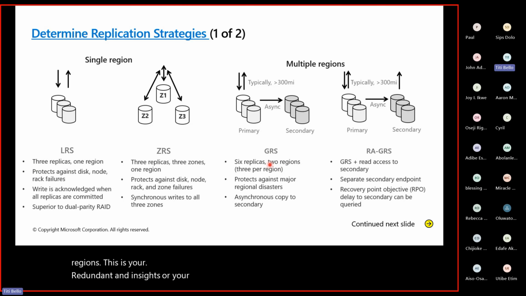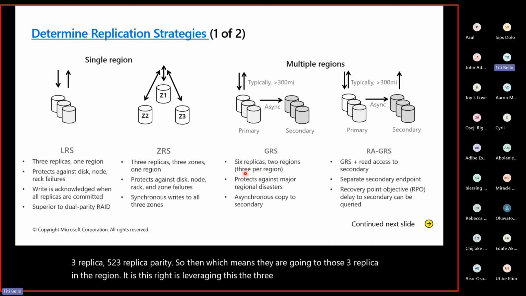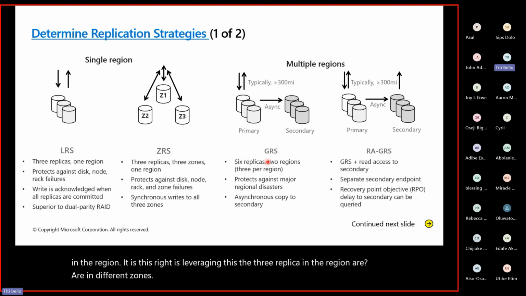In this case, you have 6 replicas across 2 regions, 3 replicas per region. The 3 replicas in a region are in different zones within that region, and the second region also has 3 replicas in different zones.